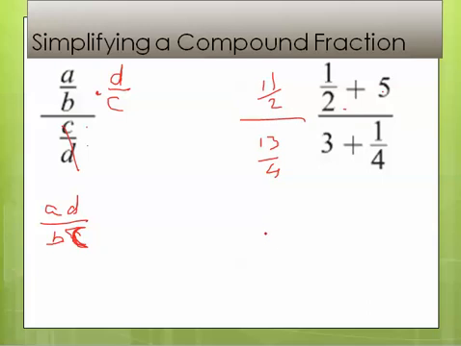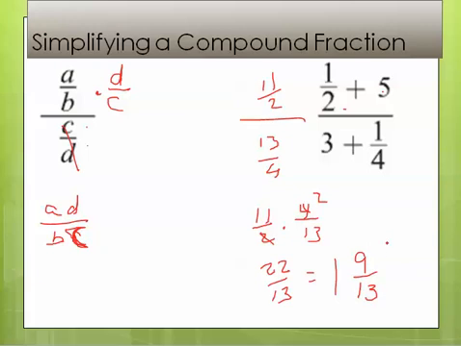Whoops, I'm not going to divide. I'm going to take 11 over 2 times 4 over 13. Now the 2 divides into the 4, gives me a 2. So I'm going to get 22 over 13. And to write that as a mixed number, because I was given mixed numbers to begin with, that would be 1 and 9/13. That is how I do those type of problems.